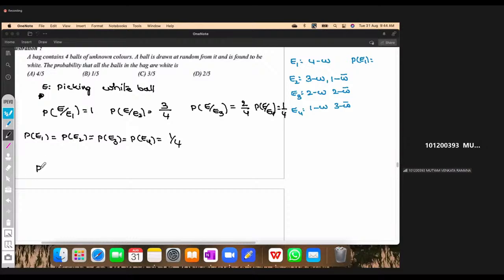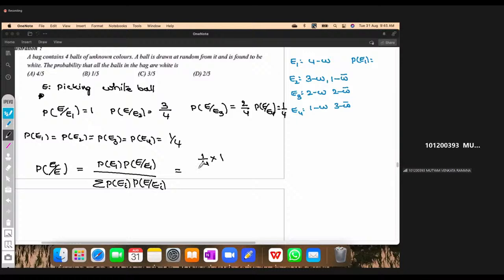What is required? We have to pick the white ball, given that all the balls in the bag are white, so E1. So this is probability of E1 into probability of E given E1, divided by summation probability of Ei into probability of E given Ei.